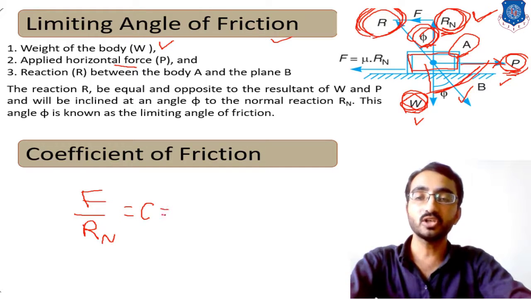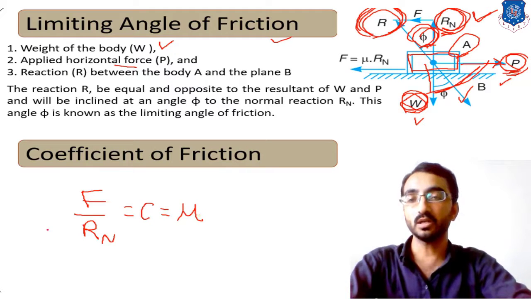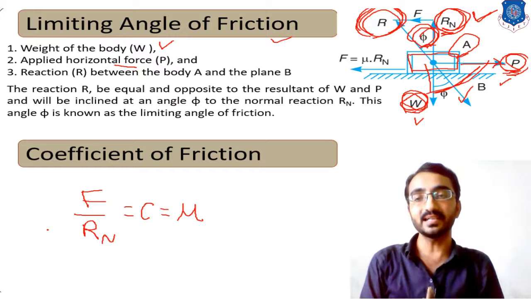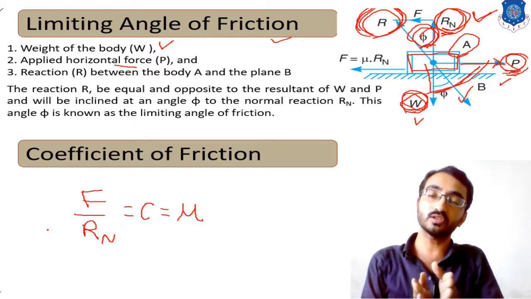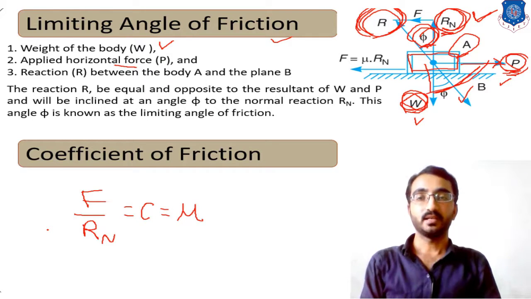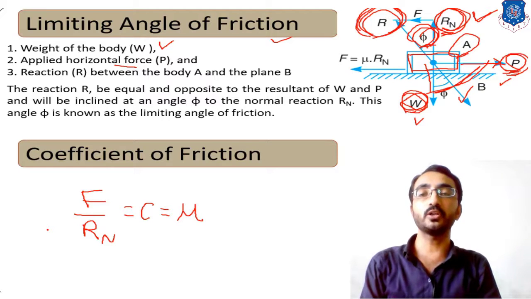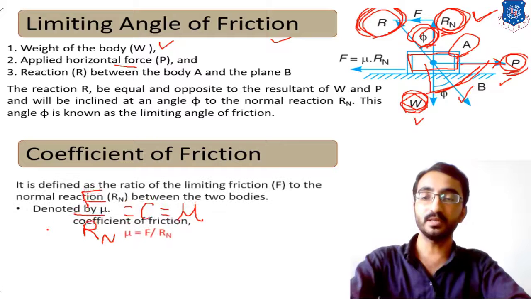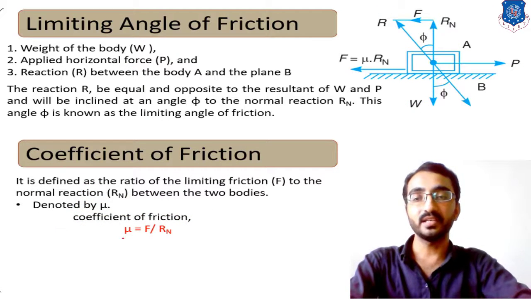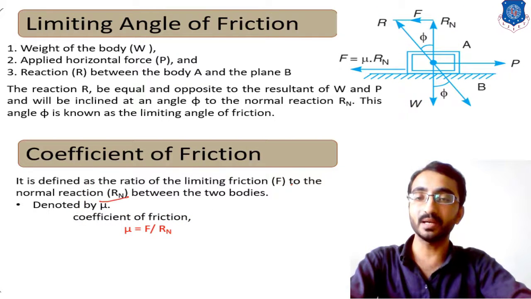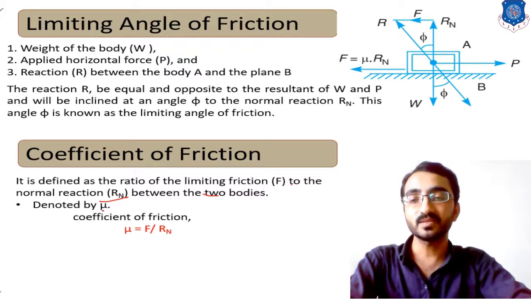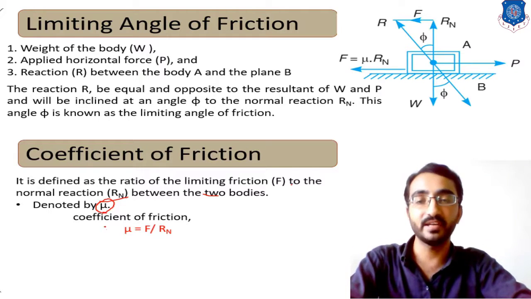This constant is known as the coefficient of friction, mu. Simply, the ratio of limiting friction to the normal reaction between two bodies is denoted as mu and is known as the coefficient of friction.